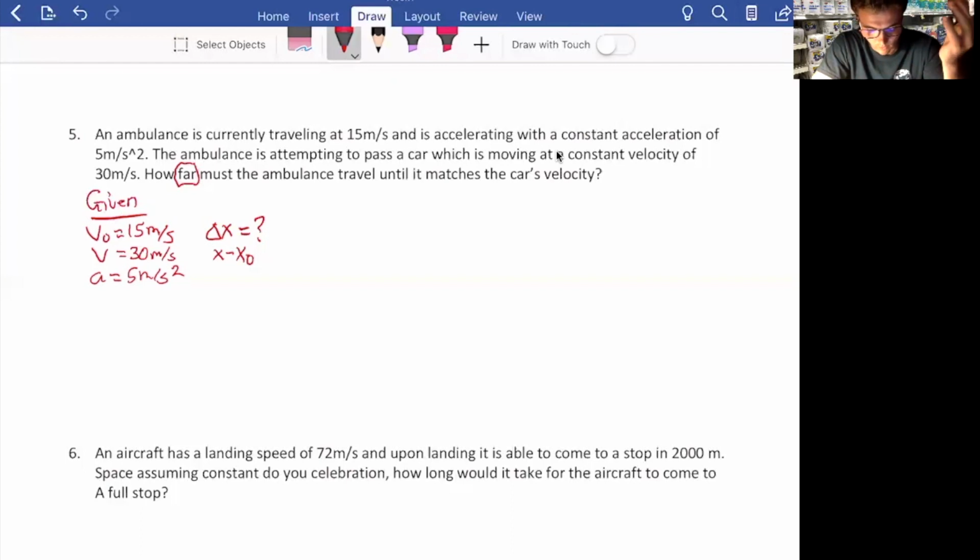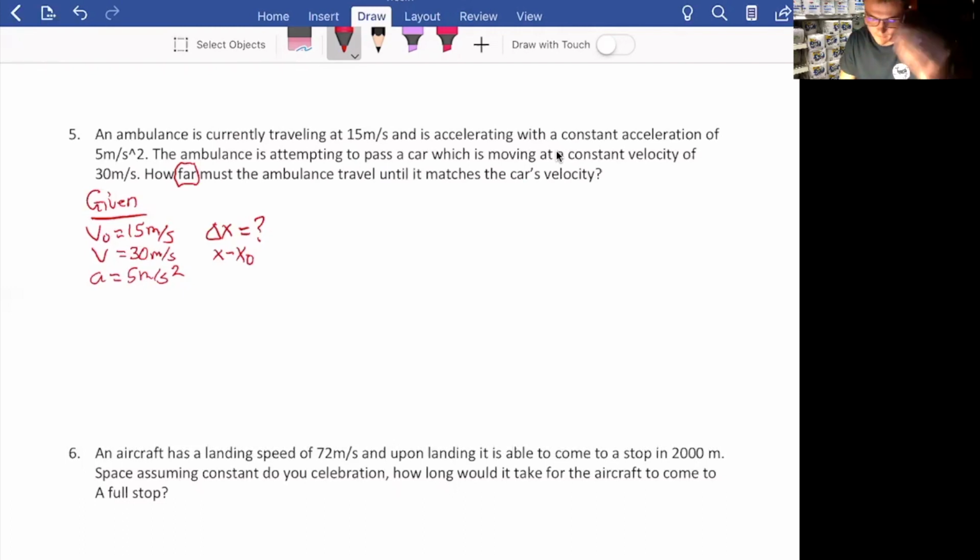What do we not have? Well, we don't have time, so that's not helpful. But it doesn't matter because we have all these other equations to help us out. With a system of equations, using the first 2 equations on our list, we can eliminate the time variable.